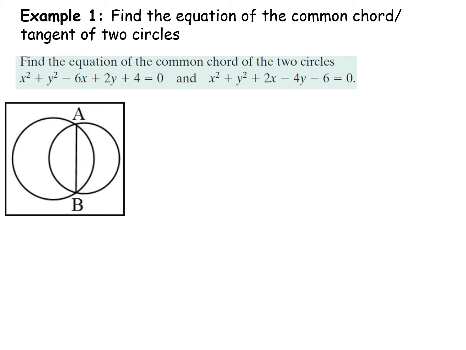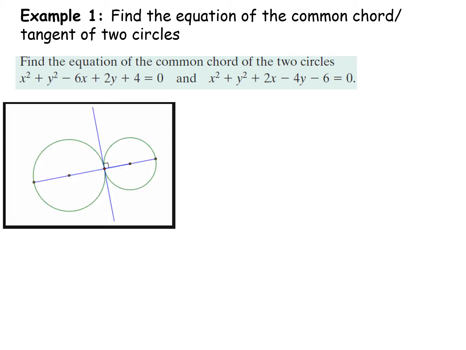If the circles touch, in this scenario here, they won't have a chord in common, they'll have a tangent in common. Now, the good thing is the method will be exactly the same for getting the equation of a chord or a tangent. So we don't need to know if they overlap or if they touch for this particular question.